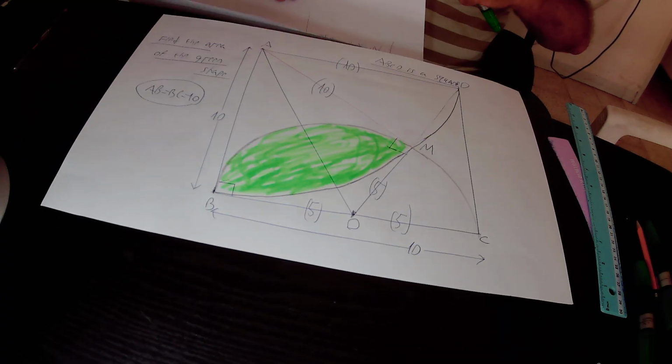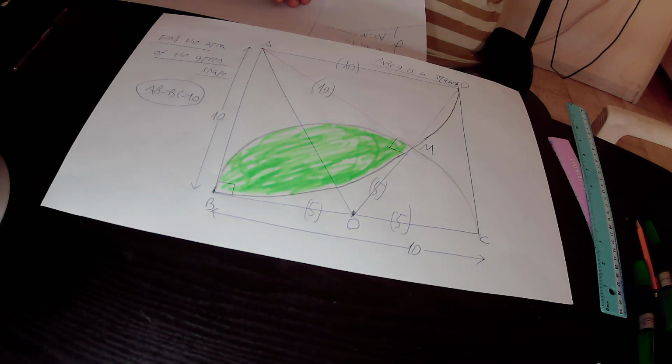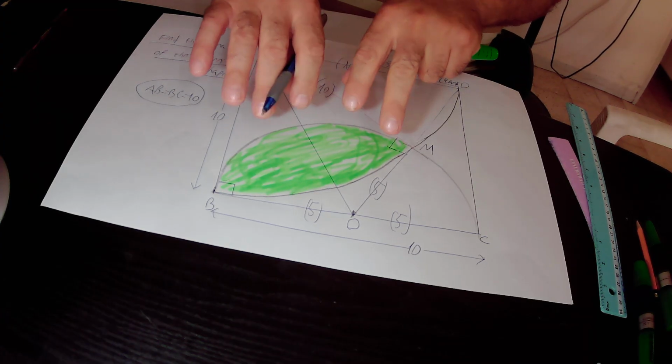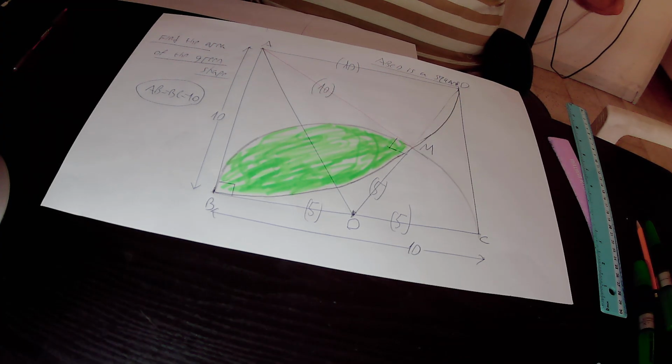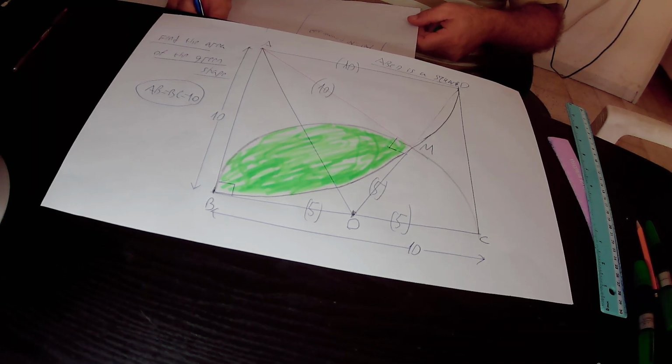So all the three sides of this right triangle ABO correspond and are equal to all the three sides of this right triangle AOM, and therefore those two right triangles are congruent according to the side-side-side rule. So I write it down.